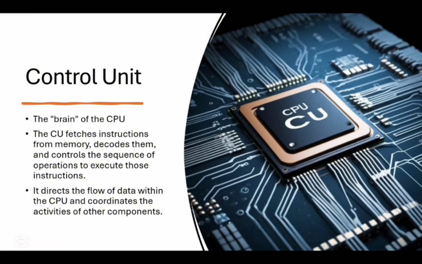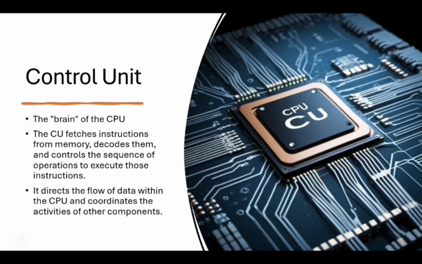It directs the flow of data within the CPU and coordinates the activities of all other components. This image visually represents the control unit's role as the command center of the CPU.